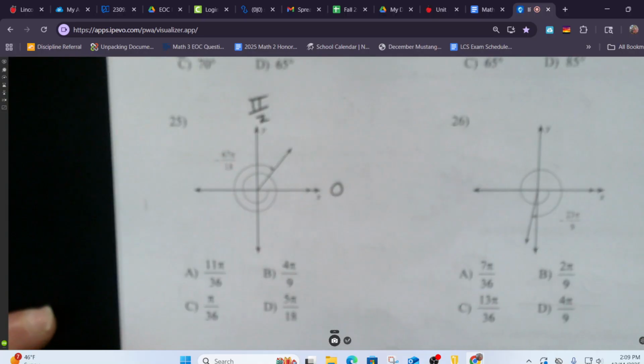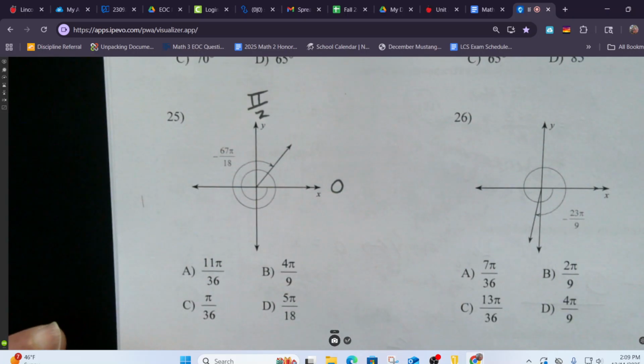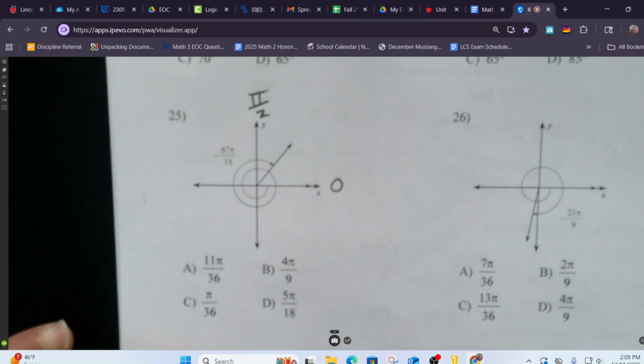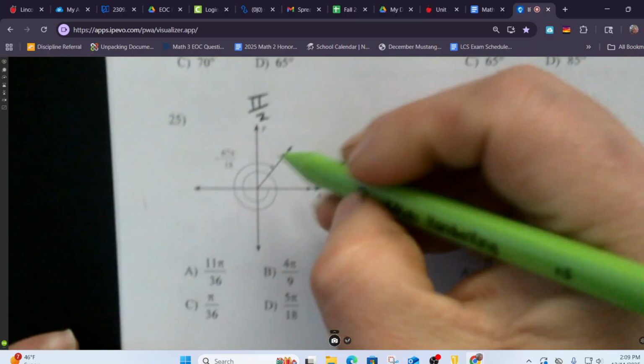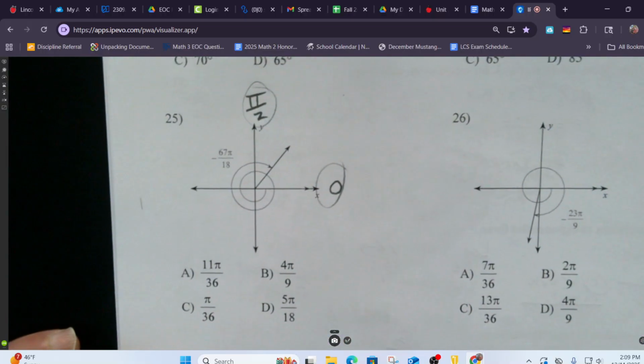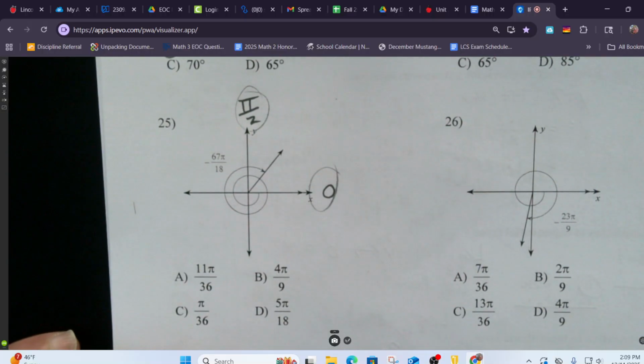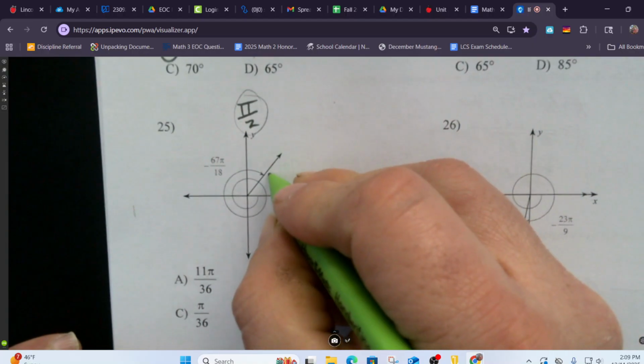Okay? 0, pi over 2. So my reference angle is going to have to be somewhere between pi over 2 and 0. That's my reference angle. It's going to be somewhere in between those two numbers.